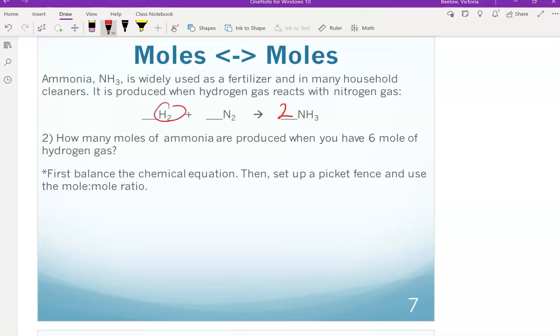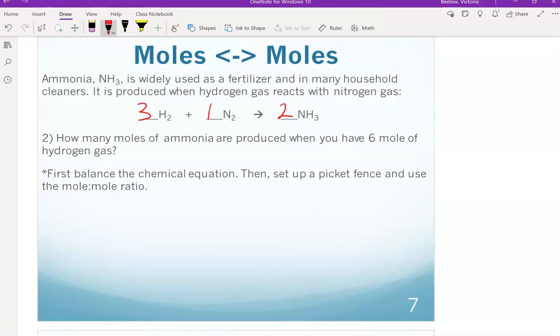So in order to make this 6 hydrogens, I will have to put a 3 here. So we have 6 hydrogens on either side: 3 times 2 is 6, 2 times 3 is 6. And we have 2 nitrogens on either side: 2 times 1 is 2, and there's 2 nitrogens here. You can leave this blank or you can put a 1 there.